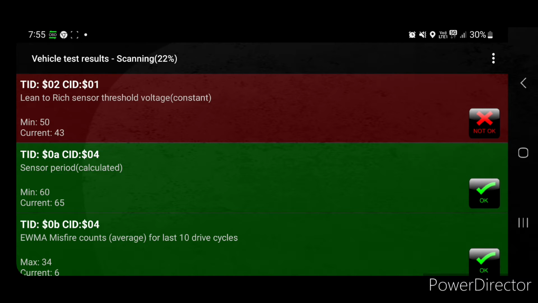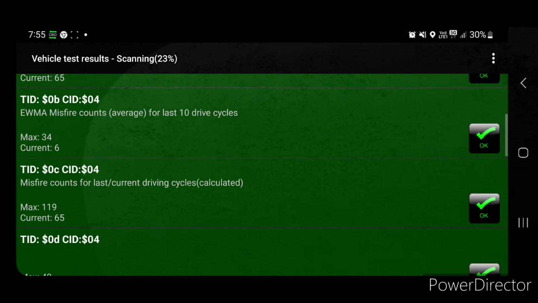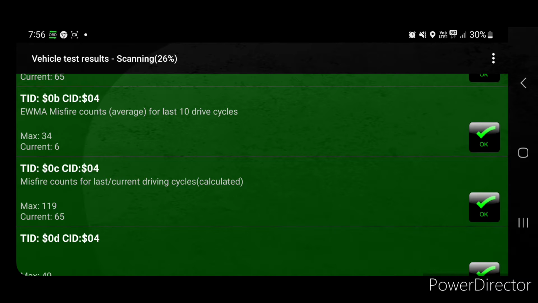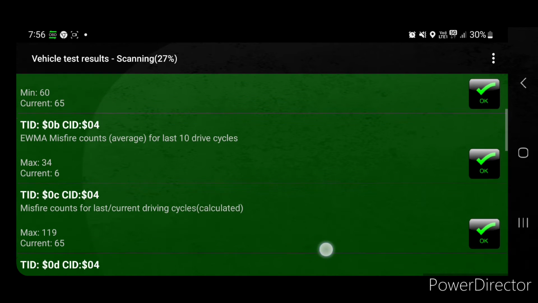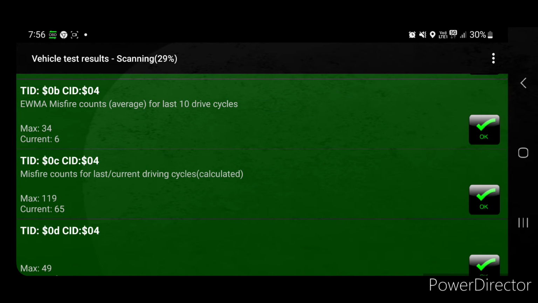Sensor period calculated. Okay. Misfire counts, there is no misfire. If there is no misfire, guys, that's good. So we have no problem with our engine. So we can rule out that there is too much fuel coming out in the emission of the engine.